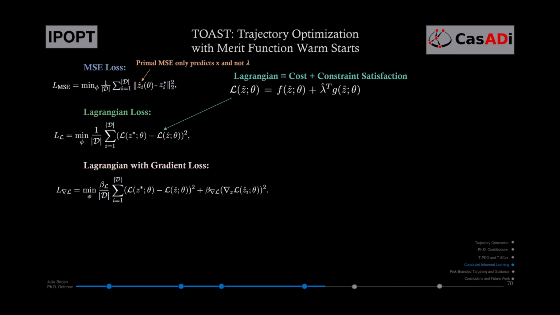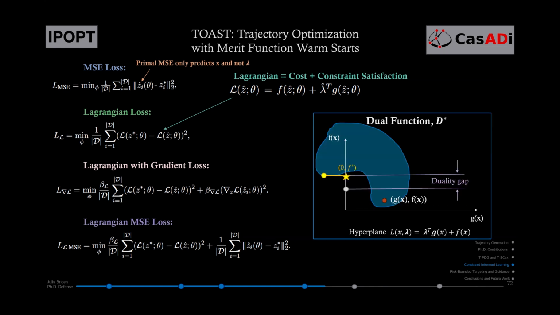If the gradient is 0, then we're at our optimal solution, and so we can add that as a kind of bias with that gradient. And then finally, Lagrangian mean squared error. So if you wanted mean squared error, but you wanted more of a slight bias towards constraint satisfaction, then you can add in that Lagrangian loss to your mean squared error, and that creates a bias towards the constraint satisfaction.